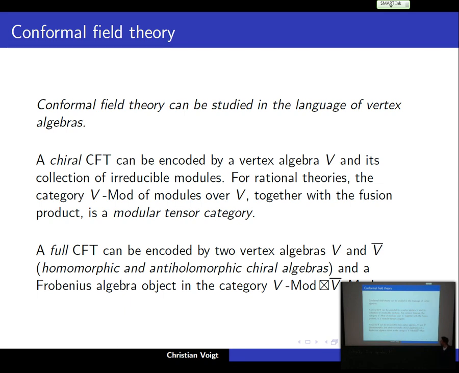Mathematicians, for the most part, concentrate on chiral CFTs. So when mathematicians speak about CFT, they usually mean chiral CFTs. For the purpose here, we will have to deal with full CFTs. So that's the mathematical structure you find in this context.